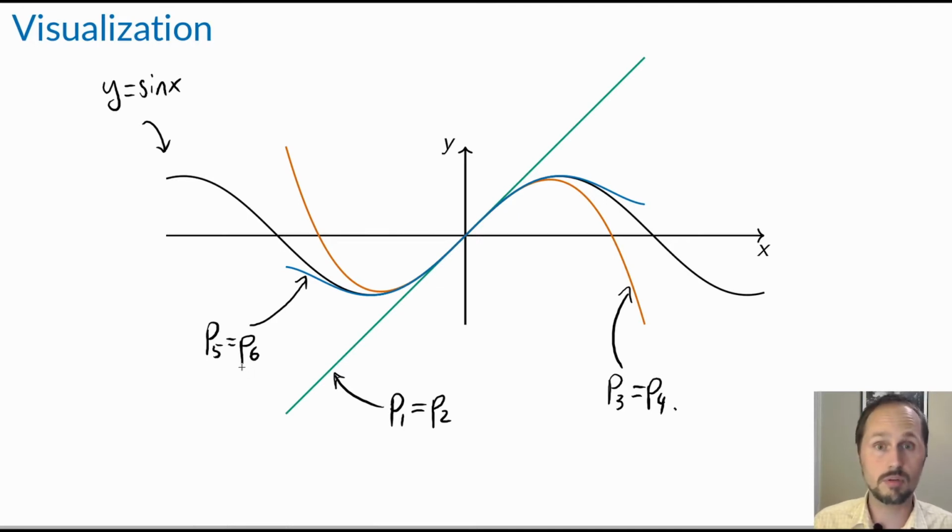So these things are going to behave very differently from sine of x for large values of x. And so that's another reminder of the fact that the Taylor polynomial is useful for approximating our function near a point. It is not a global approximation to the function.